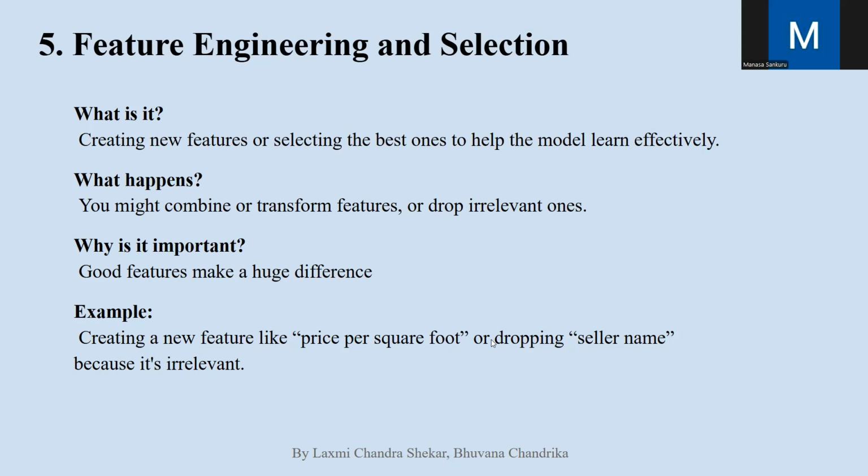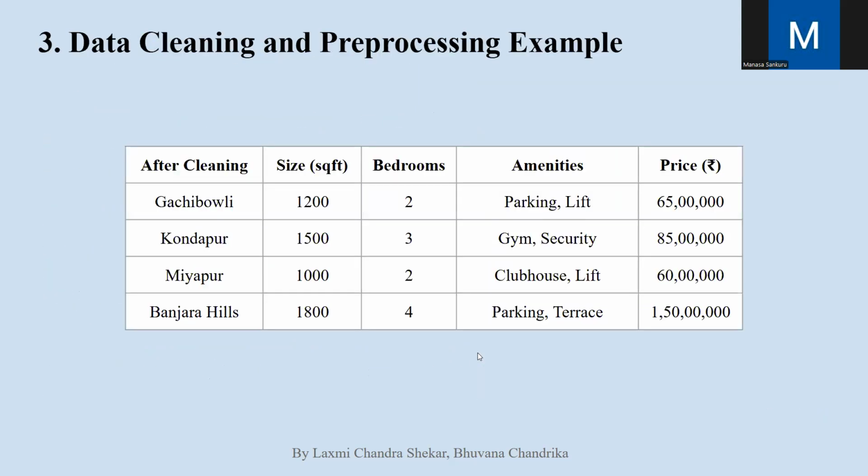Assume that there is another column here called area, and beside it, seller name is also there. Definitely it doesn't matter what the seller name is, only the size and bedrooms are going to be relevant. So we'll be dropping that feature. That is also feature engineering, because it is just a waste of memory and time, so we are going to drop that.